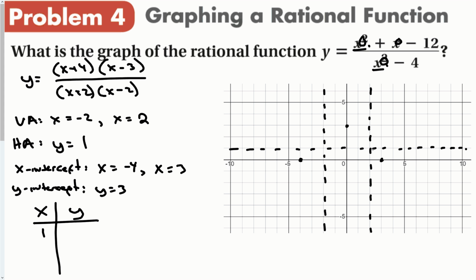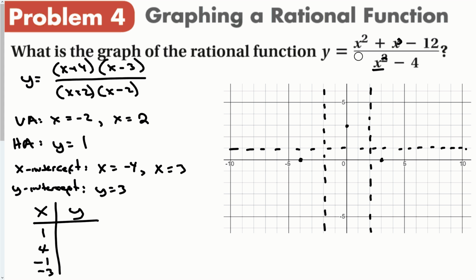Can't plug in 2. It's an asymptote. I already have 3, so I'm probably going to plug in 4. And let's see if that's enough to graph just this right-hand side. And then on the left, I'm going to plug in negative 1 because that'll finish off this middle section. And I'm going to plug in negative 3, and let's see if that's enough to finish off the left.